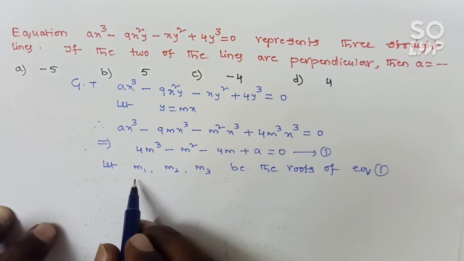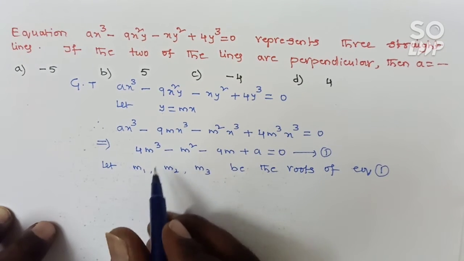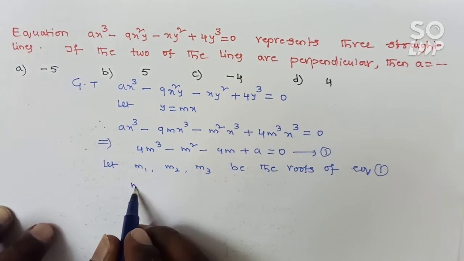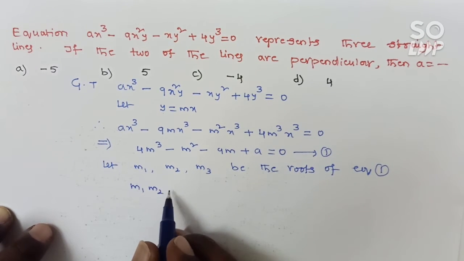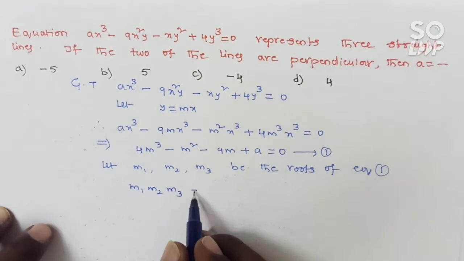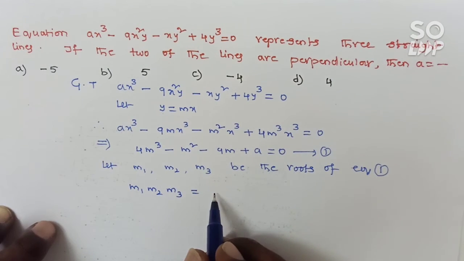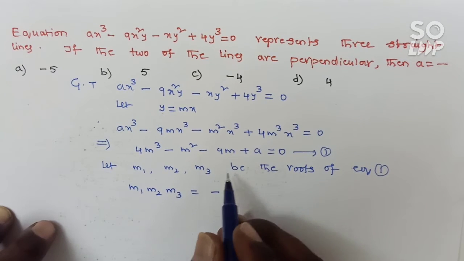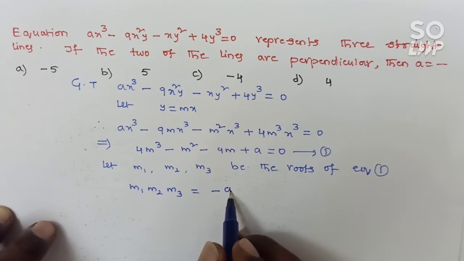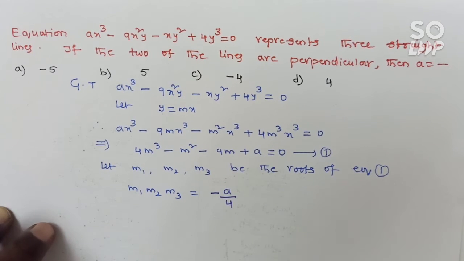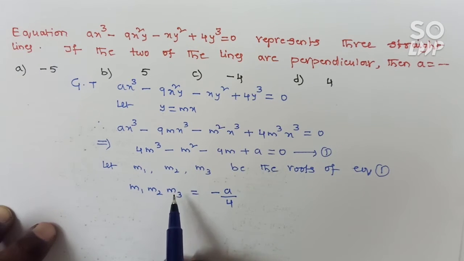So that means you write the product of the slopes. The product of the slopes, m1 into m2 into m3, equals minus a divided by 4. So this is nothing but the product of the slopes.